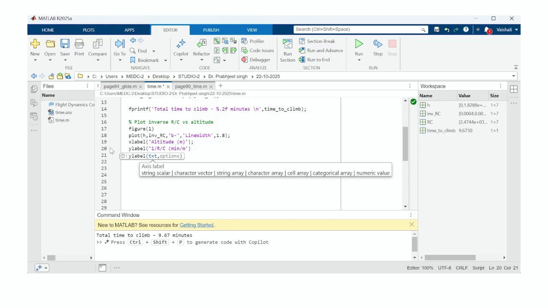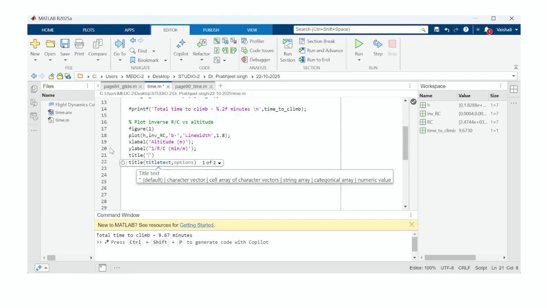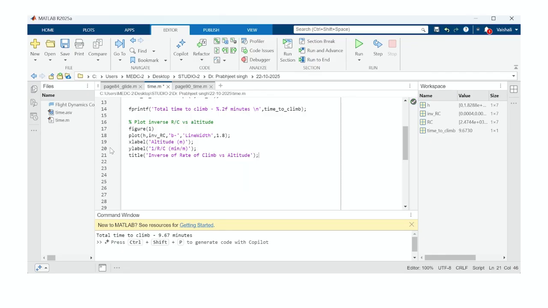Okay, so please do not get confused. And let me write here title, inverse of rate of climb versus altitude. We can also keep grid on.